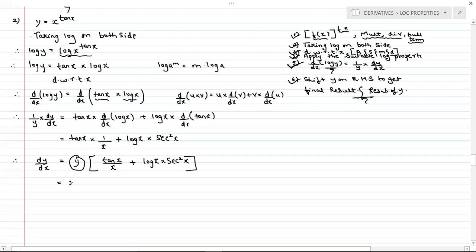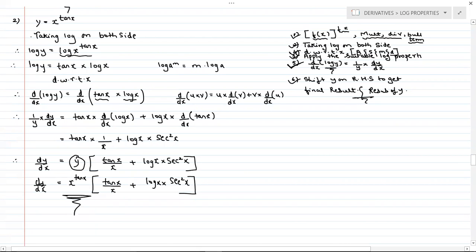So what is y over there? It is x raised to tan x, and this will be tan x upon x plus log x into sec square x. After this, there is no need to open brackets, expand, or cross multiply, nothing. You have to stop your answer.